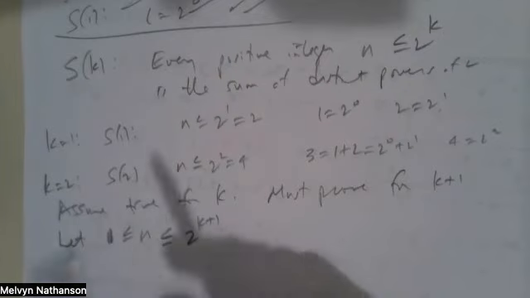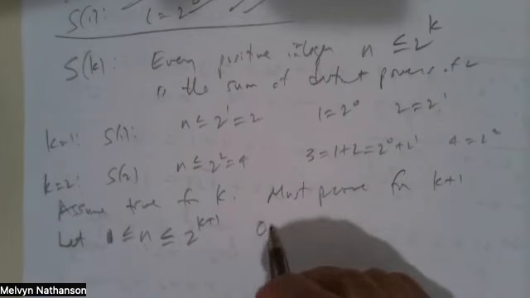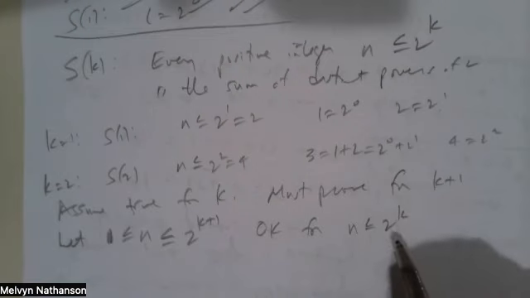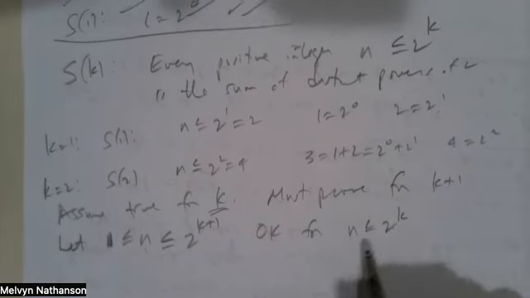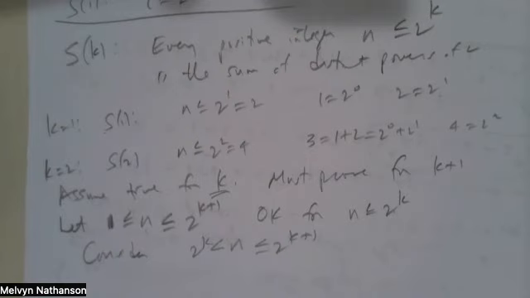We have to show n is a sum of distinct powers of 2. So we're okay for every n up to 2 to the k by the induction hypothesis. We're assuming that every number up to 2 to the k is a sum of distinct powers of 2. So we only have to consider numbers that are bigger than 2 to the k, but not bigger than 2 to the k plus 1. So consider numbers n which are bigger than 2 to the k, but less than or equal to 2 to the k plus 1.